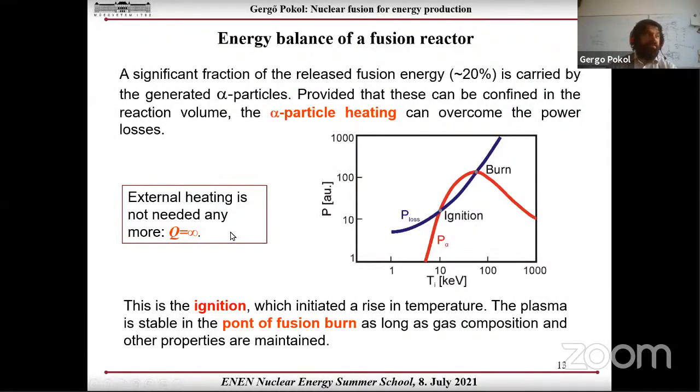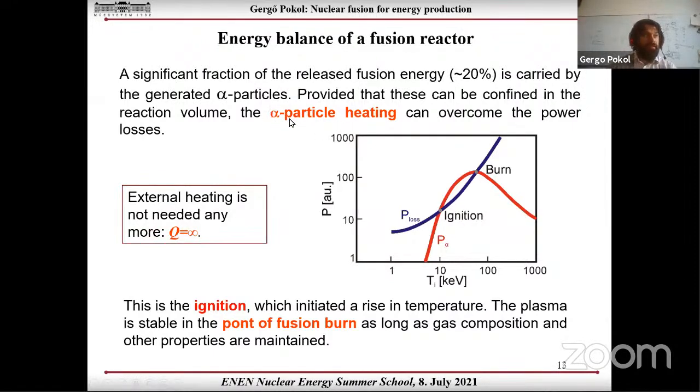In fact, we could even aim for Q equals infinity. And it's very nice. It also originates in the fusion reaction that we are using, that in DT fusion, an alpha particle is produced. I mean, alpha particle is just the helium-4 ion.